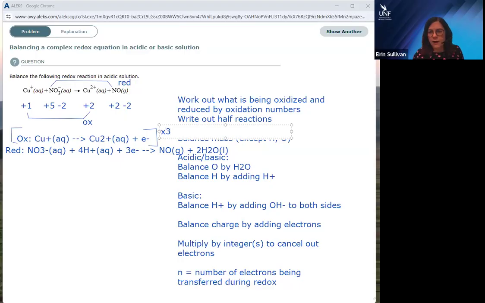So I'm actually going to go ahead and rewrite that for clarity down here. So my oxidation half reaction is 3 Cu+ (aq) goes to 3 Cu2+ (aq) plus 3 electrons. So this is n, the number of electrons that are going to be transferred during the redox process.